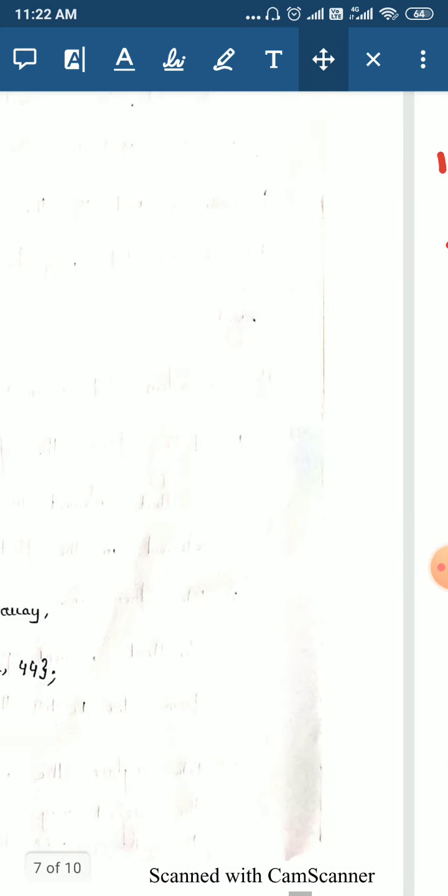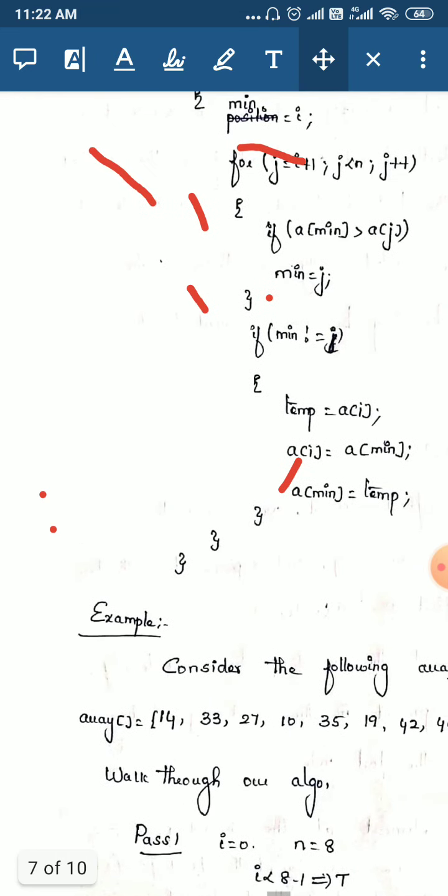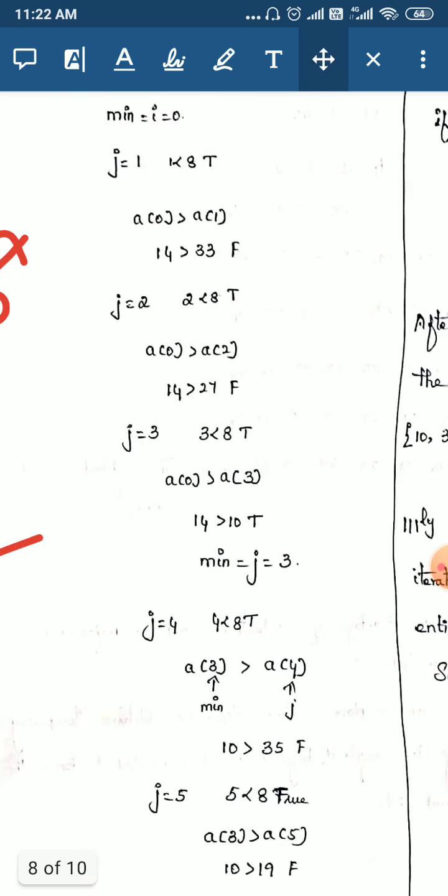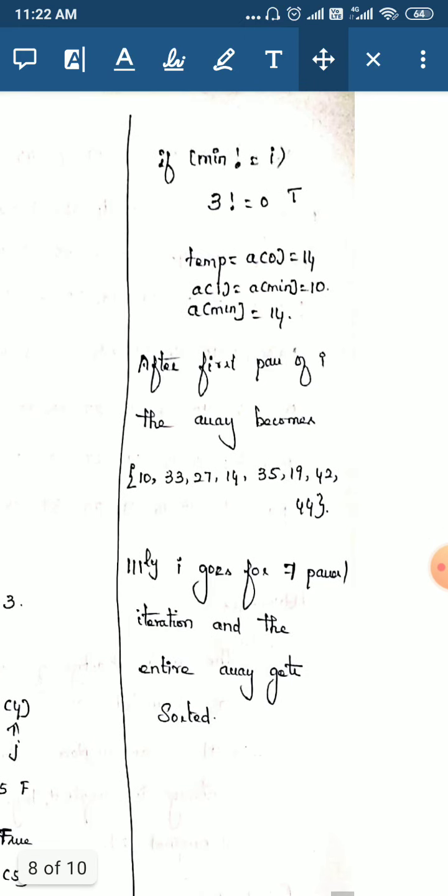we have the swapping part, right? If min is not equal to i, what is our current value of min? We changed the min value to 3 in the middle. So the min value is 3, and as it is not equal to 0, because the current i value is 0, this condition becomes true.